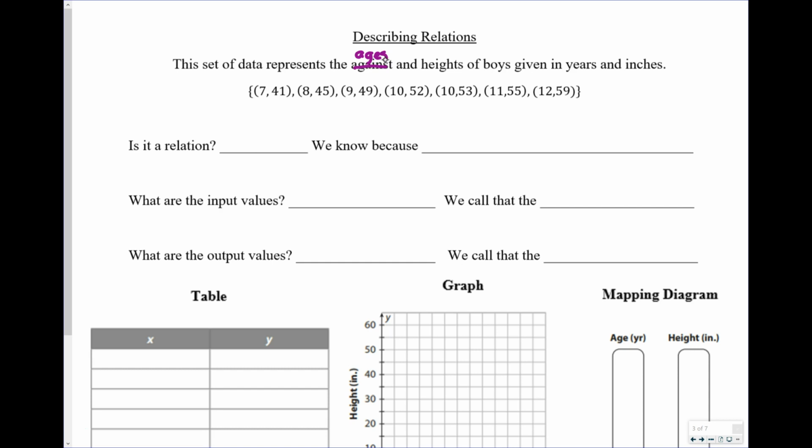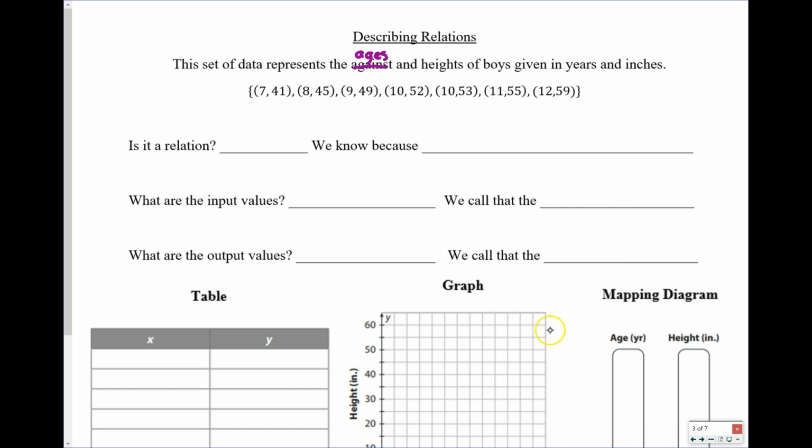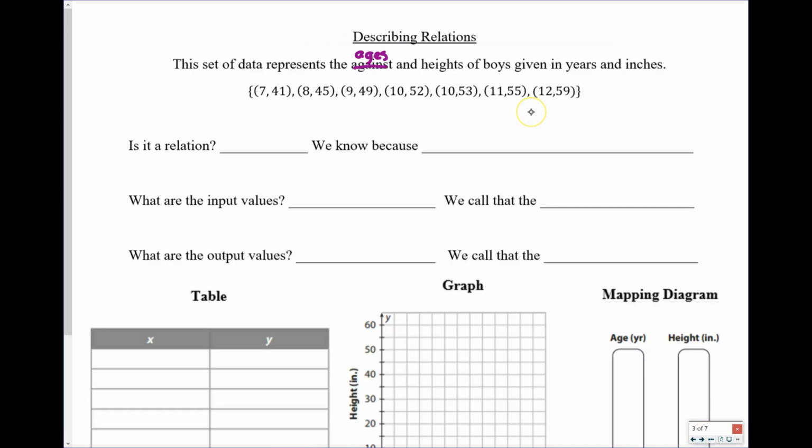All these coordinate pairs are telling us the age of a boy and his given height. The first question I'm going to ask you before we look at the data is, is this a relation? If I go back to my definition and say a relation is a set of ordered pairs, is this a set of ordered pairs?